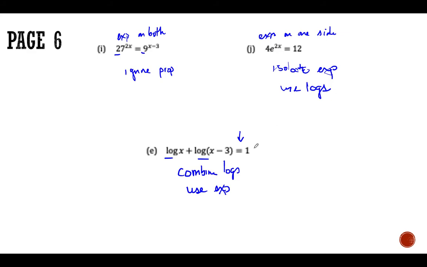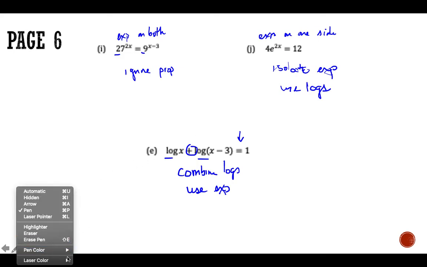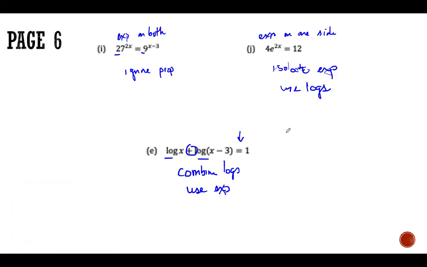See the correlation there? So you have to know your log properties: see the log twice with addition in between, write the log once, and multiply. So log x plus log of (x minus 3) is the same as, I'm sorry, I said add, multiply.